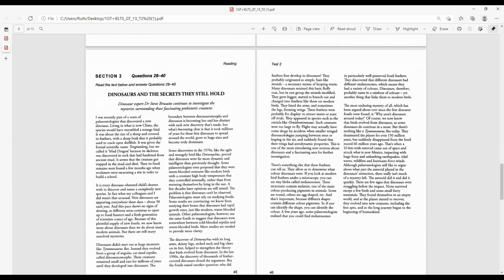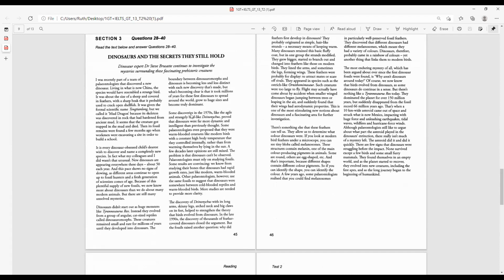Now go back to your text and skim through, only skim through. So while skimming, your main job, guys, is the first two sentences and last two sentences of every paragraph.